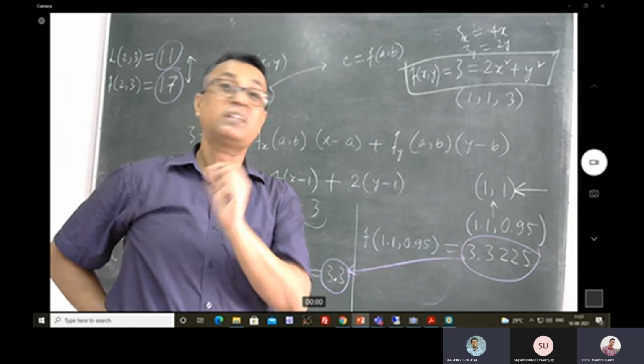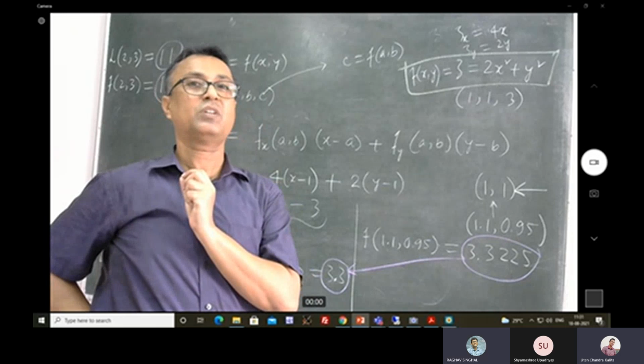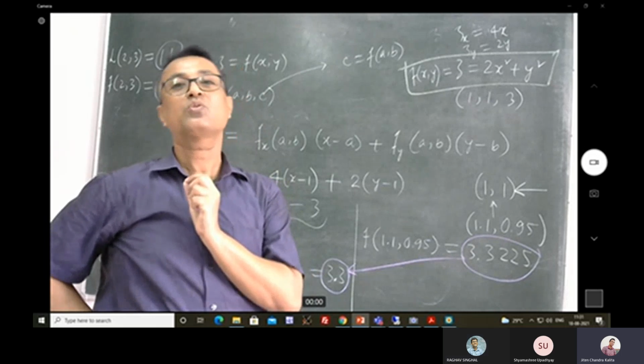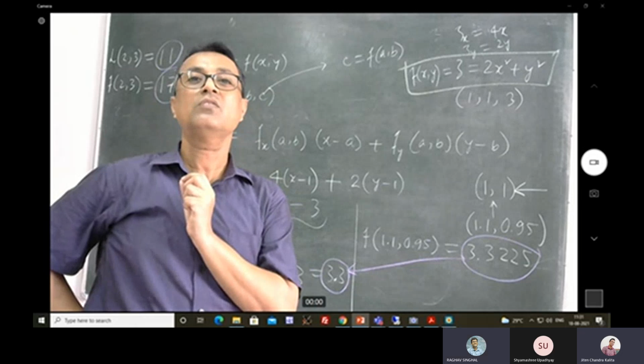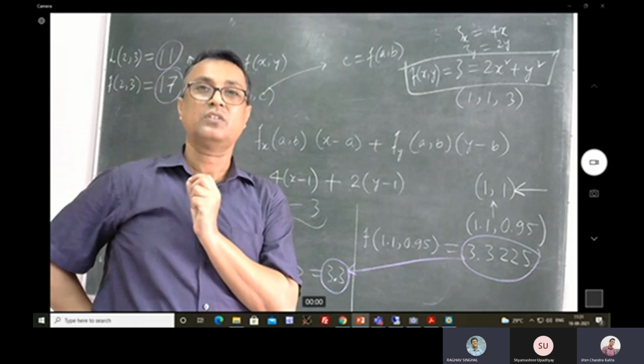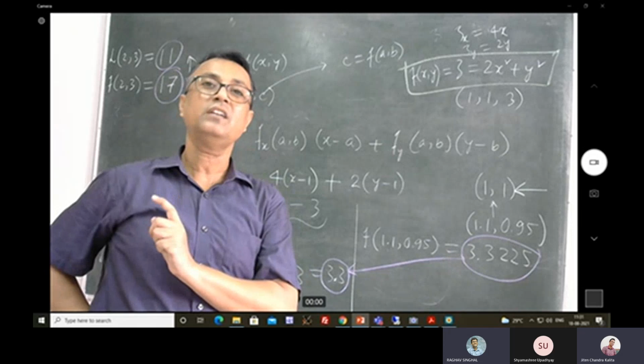But if I move away from that point, then the values are going to deviate. It is no longer going to give you a good approximation. It is going to get worse and worse. Is it okay?